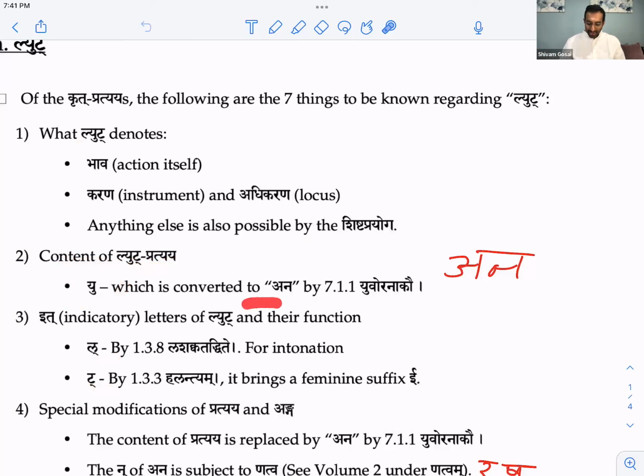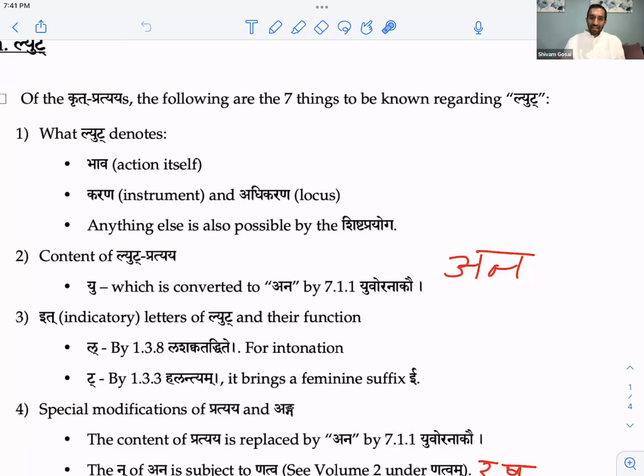You is changed to ana. If you look at the screen, you is changed to ana, A-N-A, ana. Why? Well, because it's told like that.